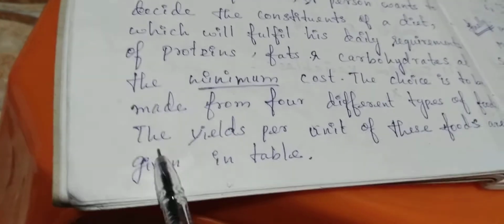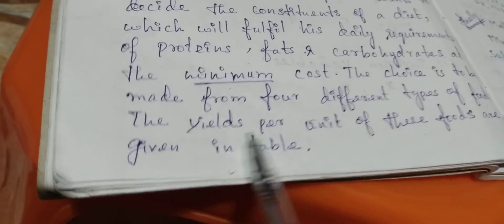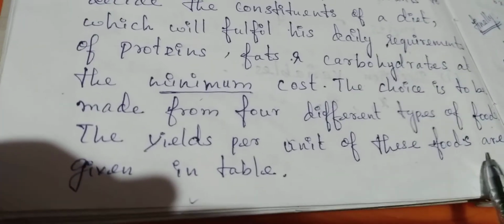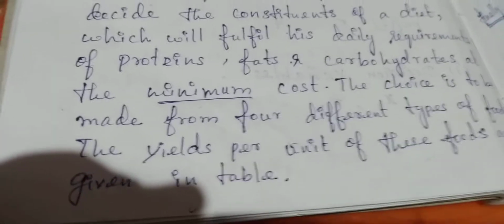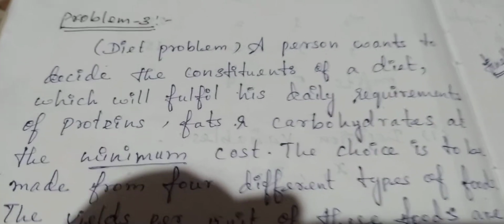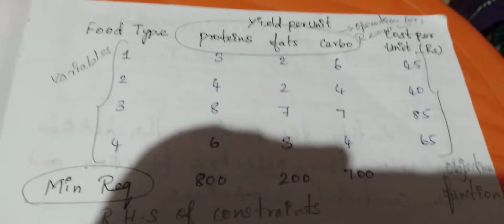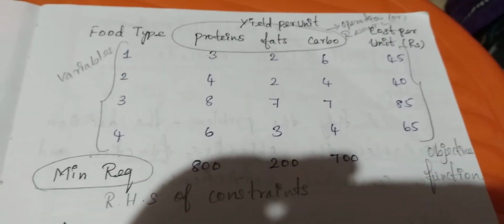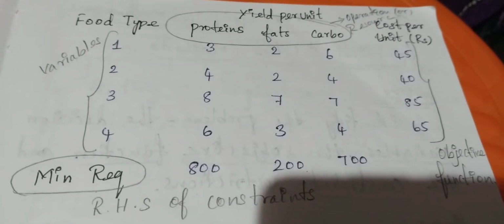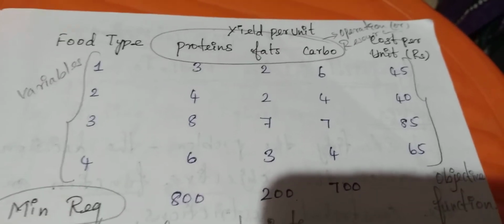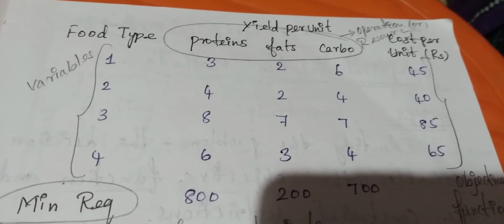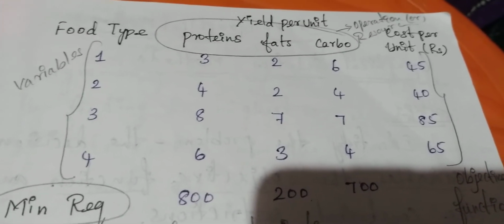Here you can see the yields per unit of these foods are given in the table. So in table format they have given everything. In this type of question also they have given in the question paper, you don't worry about that. Okay, this is what they have given in the table format.